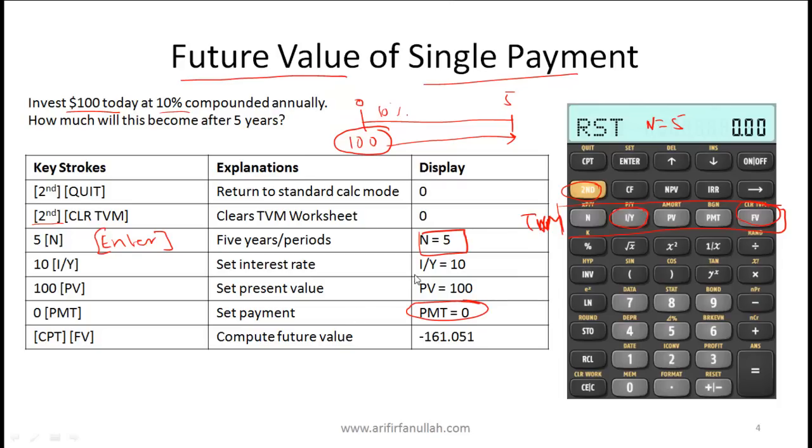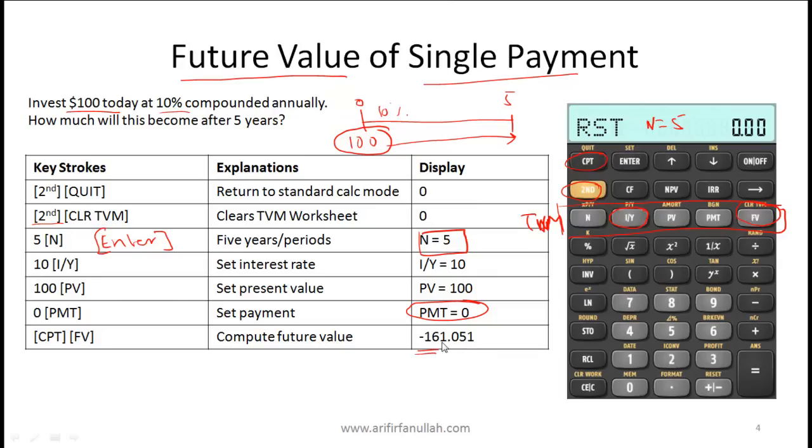And then once you have entered your information, you just hit the compute button and you hit future value, and what you will see is minus 161.051. Note the minus sign.